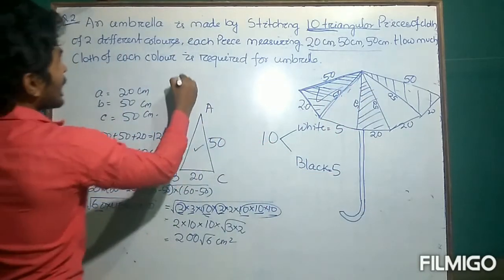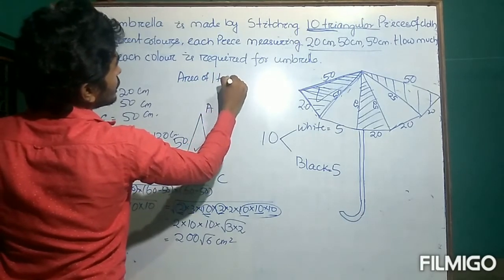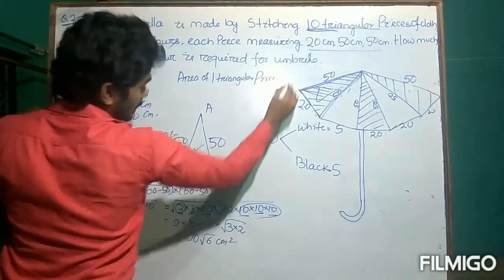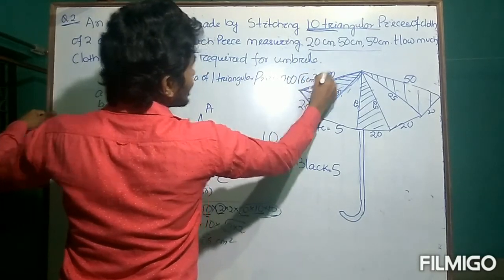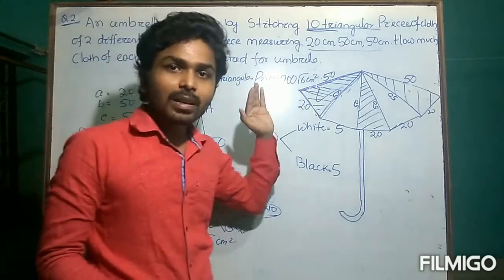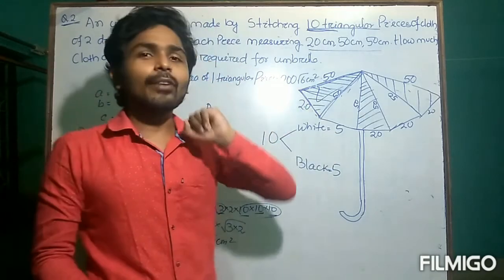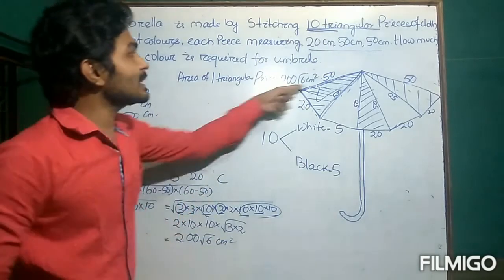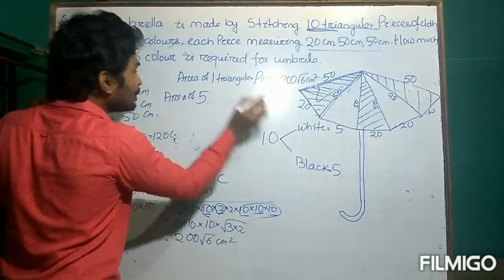So I am writing, area of one triangular piece is how much? 200 root 6 centimeter square. But the question asks us to find the area of the white cloth required. There are how many triangular pieces of white color? 5 pieces. So since the area of one triangular piece is this, we have to find the area of 5 triangular pieces.